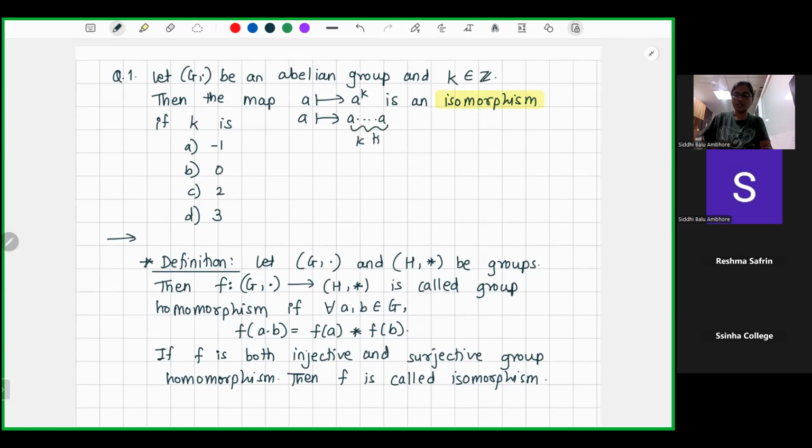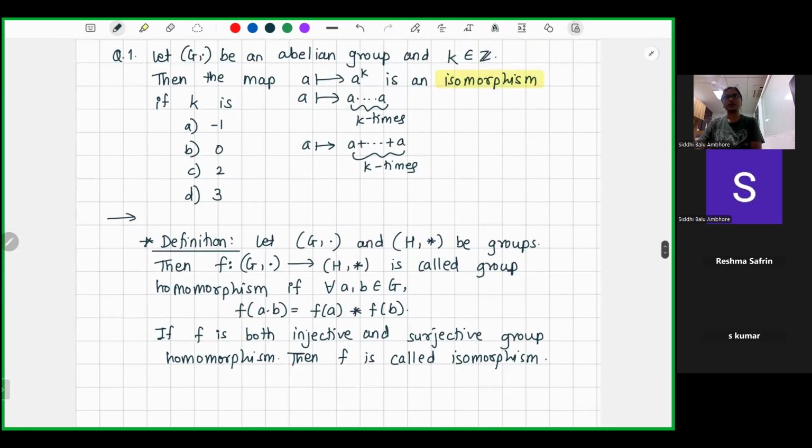Or if it is with respect to addition, then A is going to A added K times. This is what is given to us.